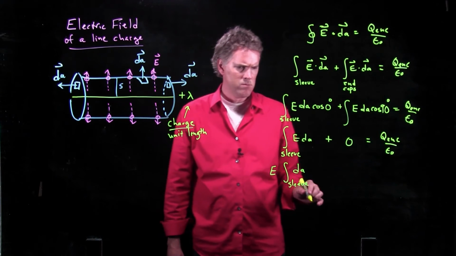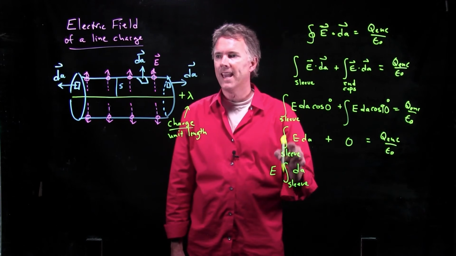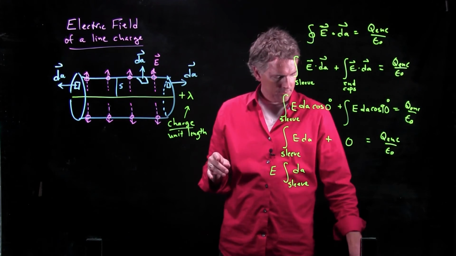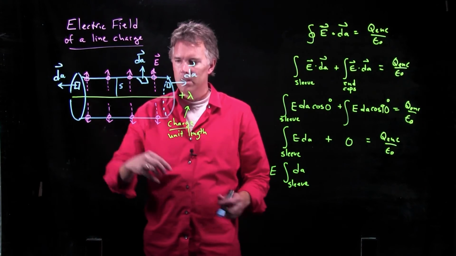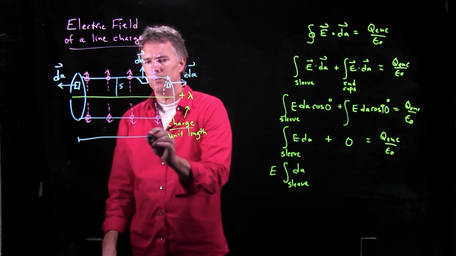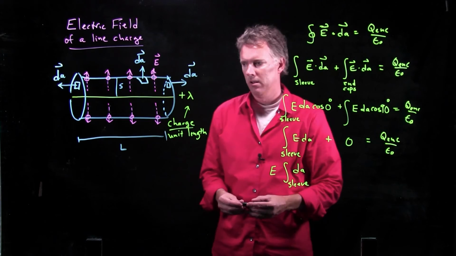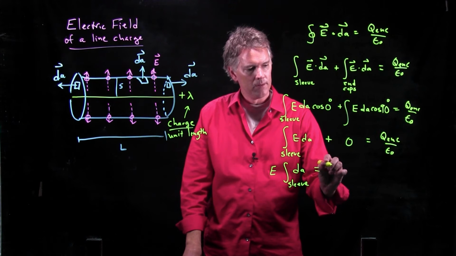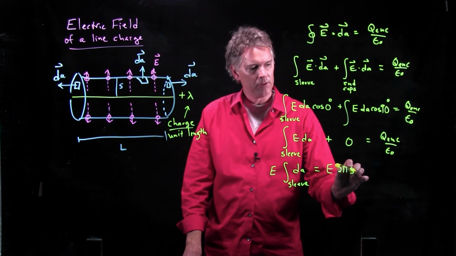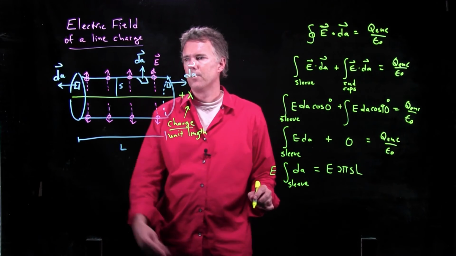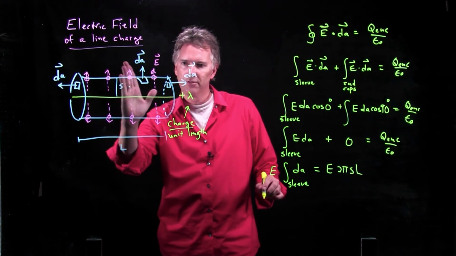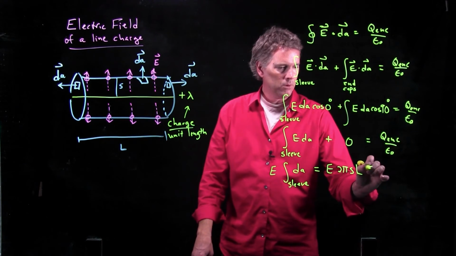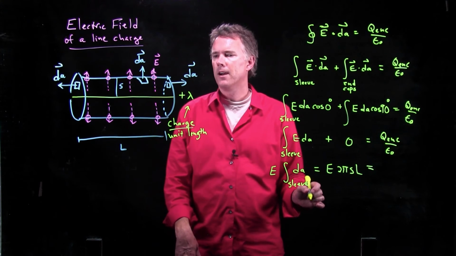But we know that the area of the sleeve is very defined. It's 2 pi s times how long the sleeve is. So let's give the sleeve a length, L. What is the area of that sleeve? It is 2 pi s times L. Once around on that circle, and then move that circle this distance L, and that's the area.